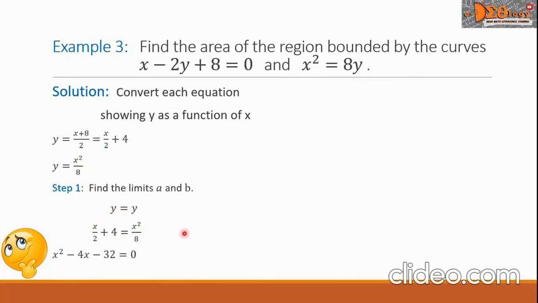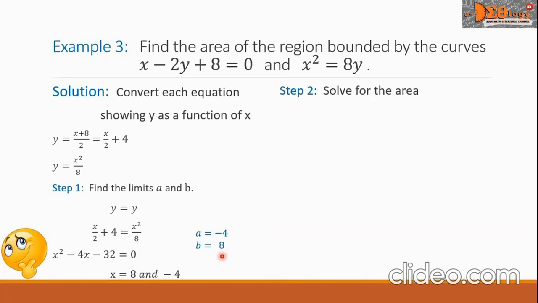So we can finalize this into x squared minus 4x minus 32 equals 0. We can solve for x using factoring or by using the quadratic formula. And we will get the values x equals 8 and negative 4. So the value of a is negative 4, that is the smaller value, and b equals 8, the bigger value.